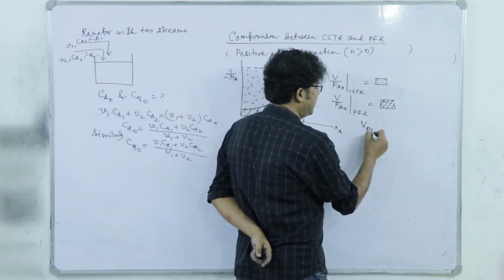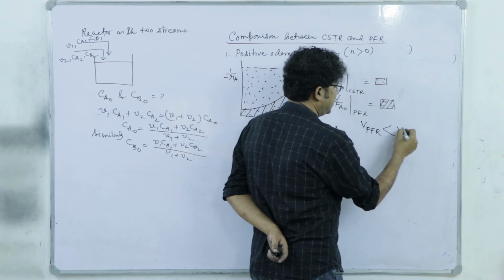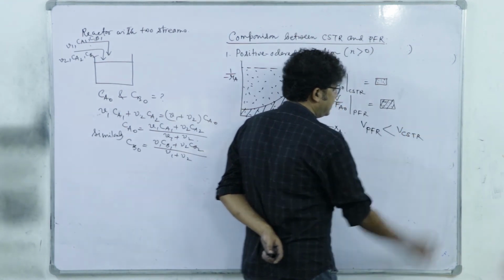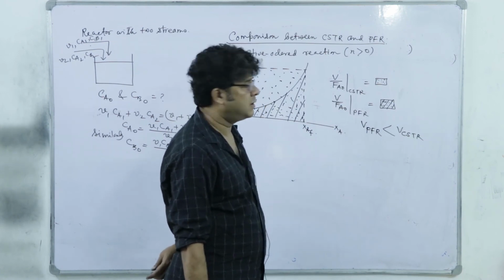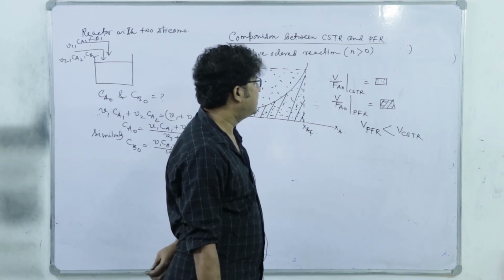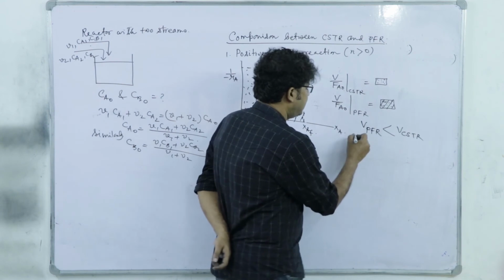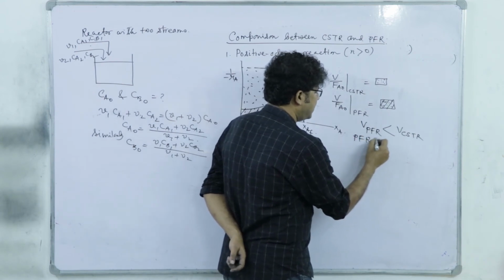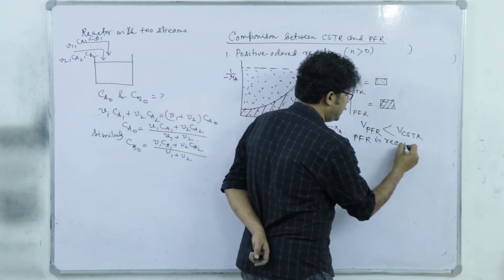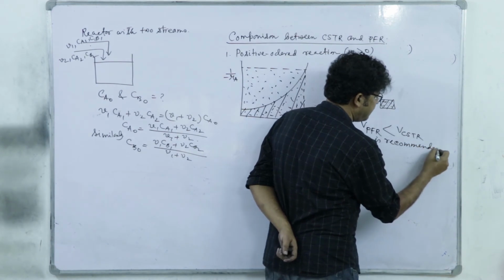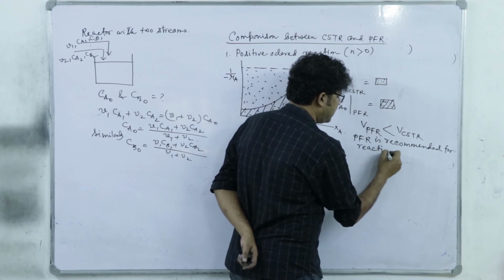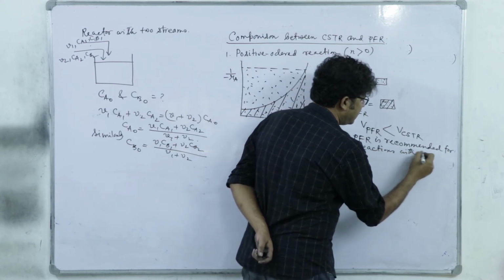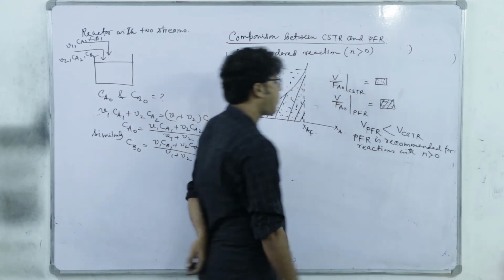So V PFR is lower than V CSTR, and the reactor which needs lower volume, that means lower capital cost, capital investment, is definitely advantageous. So PFR is recommended for reactions with n greater than 0.